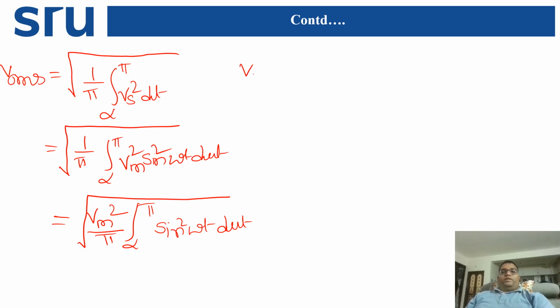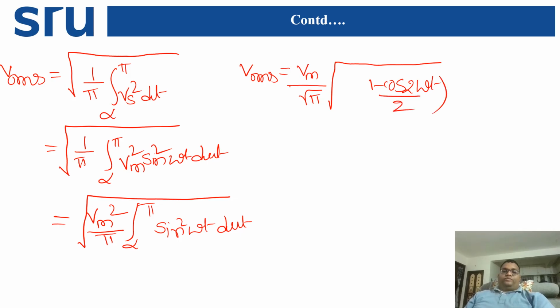Now V naught RMS is equal to Vm by root pi square root of 1 minus cos 2 omega t by 2 integration alpha to pi d omega t.